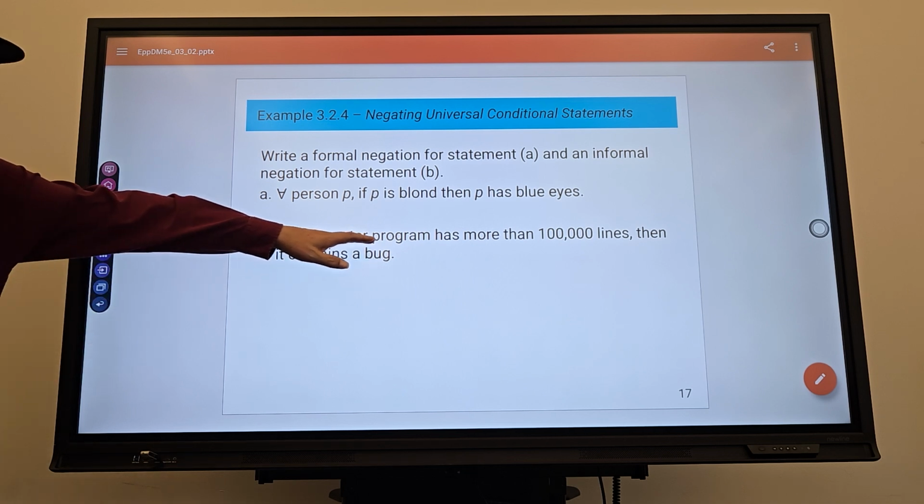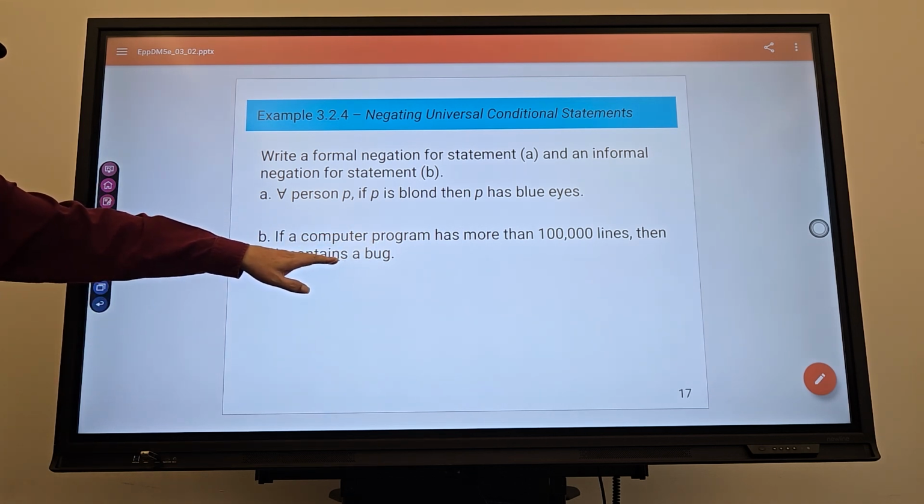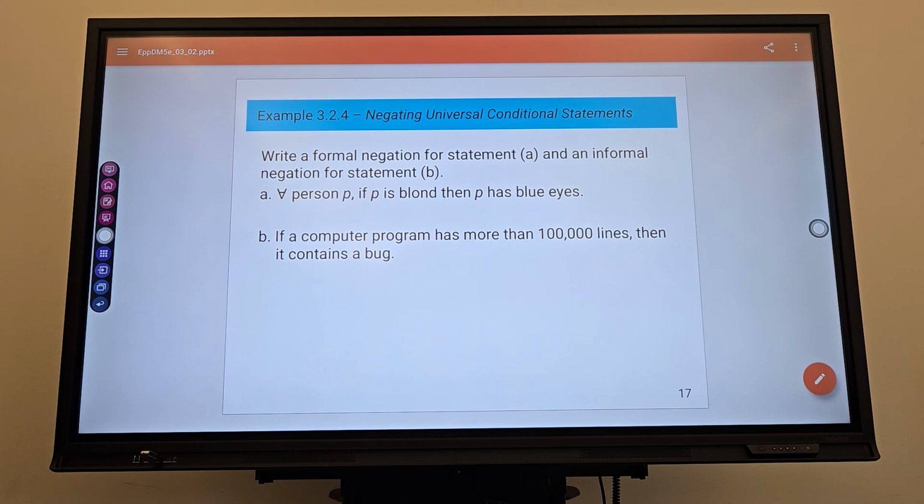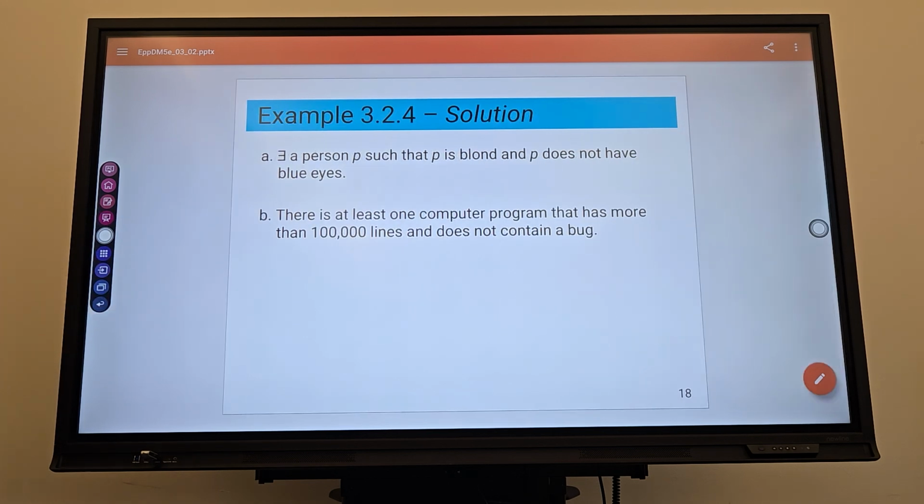So you keep the first part and negate the second part. Informally, there's at least one program that has more than 100,000 lines and does not contain a bug.